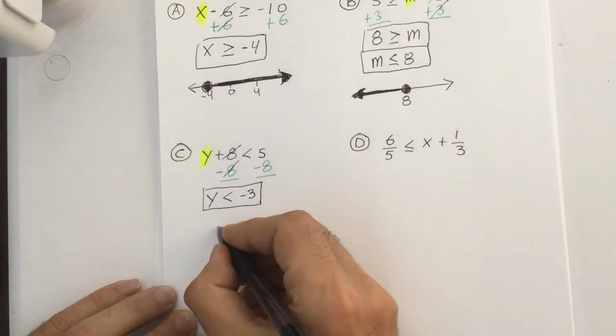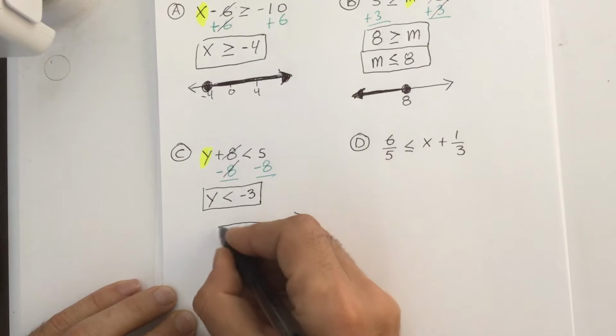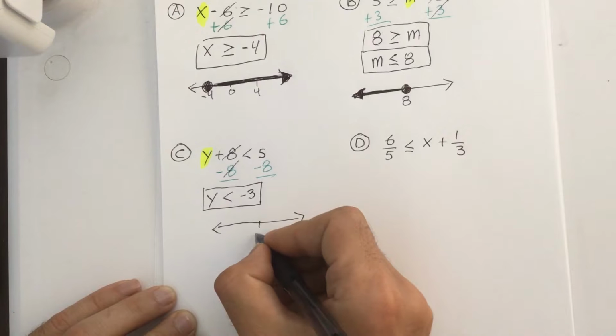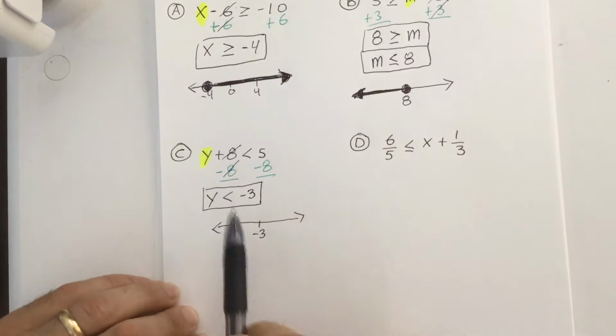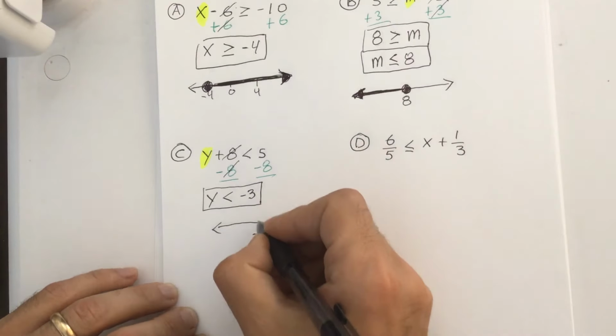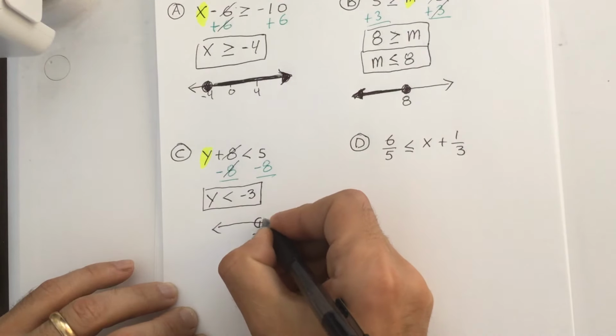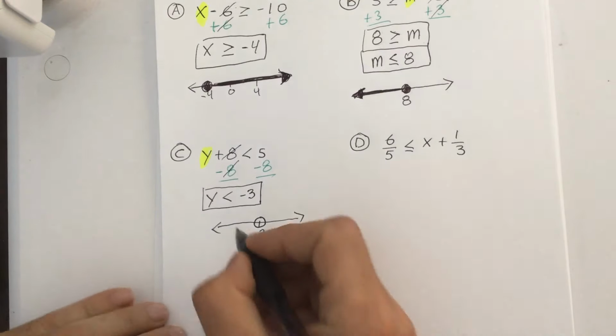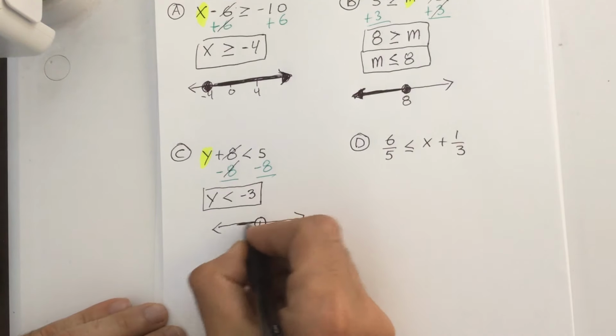We're looking at all of the numbers that are less than negative 3. Negative 3 is not part of the answer because it doesn't have the equal sign on the bottom here, so it's going to be an empty circle. Then I'm looking at all of the numbers that are less than negative 3, so that will be negative 4, negative 5. It will be all the numbers that go to the left side of negative 3.